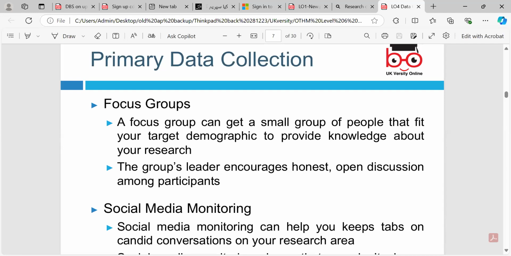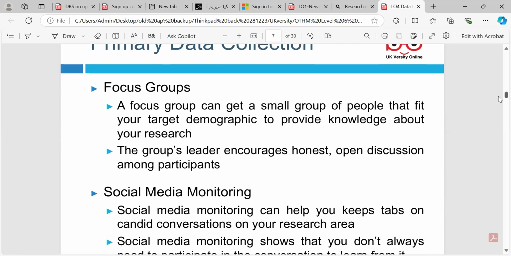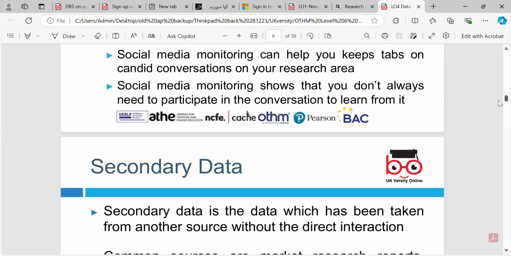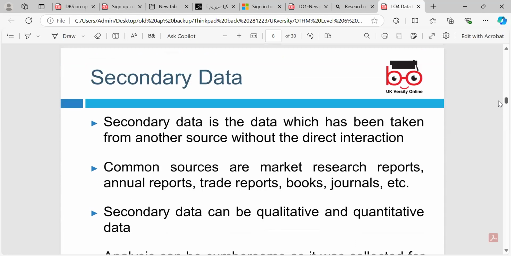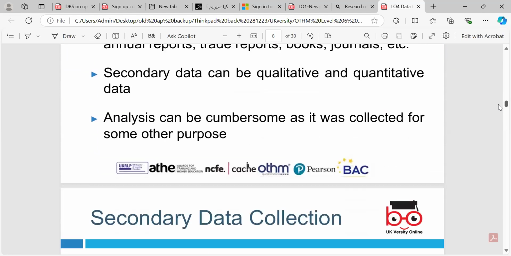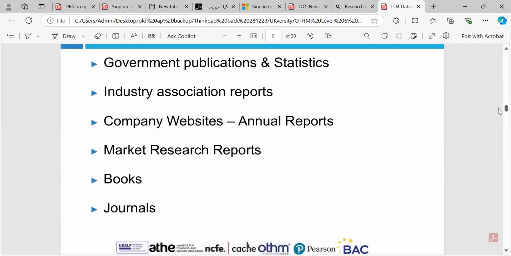Focus group, social media. Primary data is the one that you yourself gather, right? Yes, you're absolutely right. For a specific purpose, you gather the data. That's your primary. Then secondary data is public, like the website I was showing you. So we can look at secondary data and primary data.